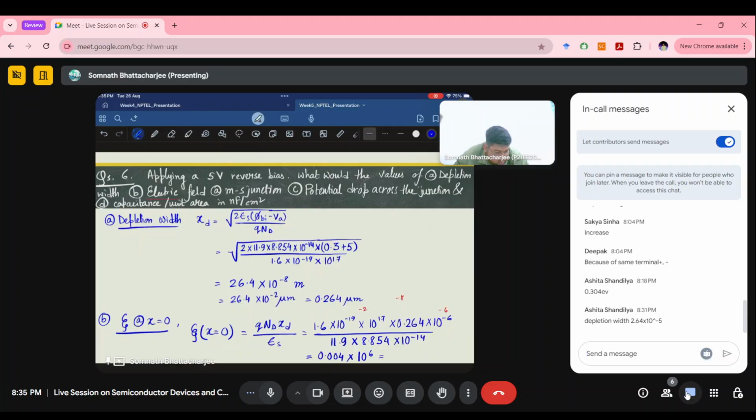So let's write it like this. So 4 multiplied by 10 to the power of 3 volt per meter. Or if we are going to convert it to centimeter, it would be 4 into 10 to the power of 5 volt per centimeter. Okay.